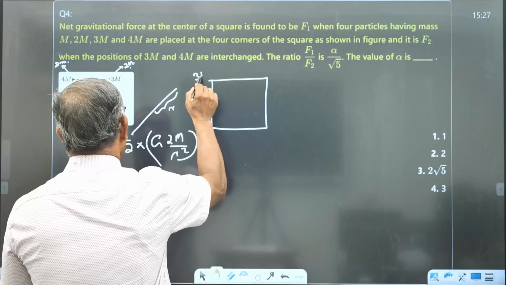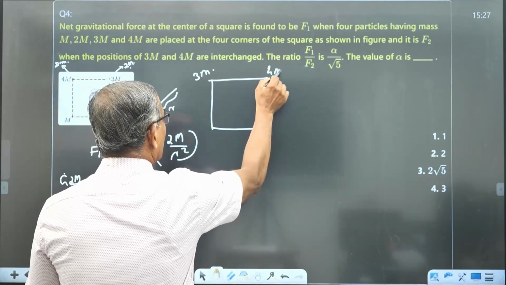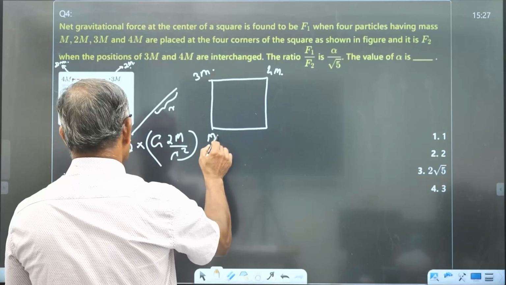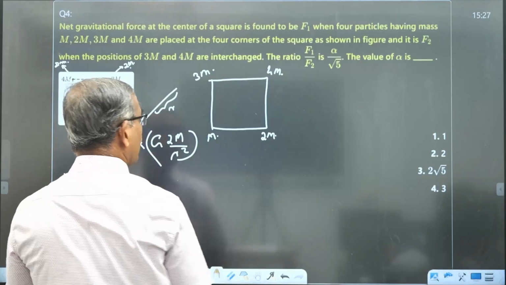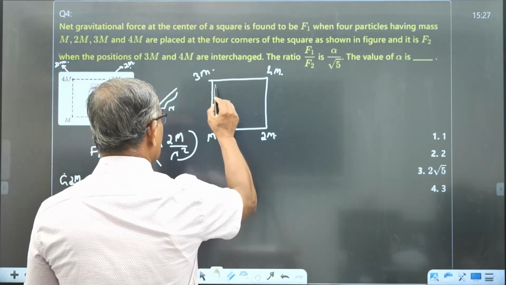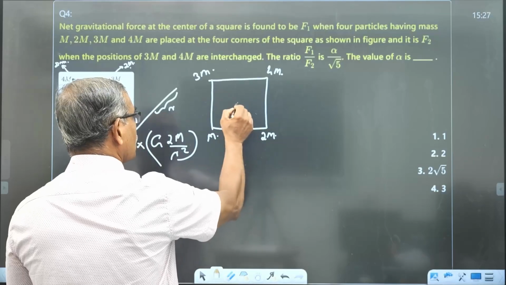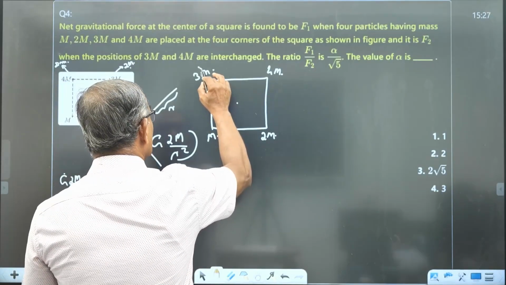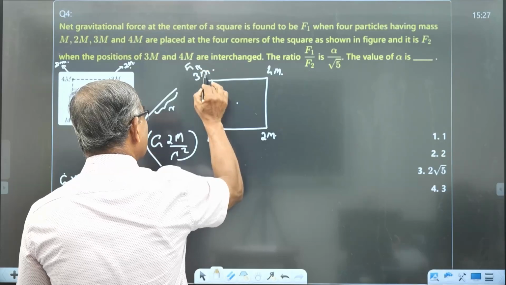Here is 3m and here is 4m. They are interchanged, whereas here is m and here is 2m. Now here you can say that due to 2m, the net force cancels, and additionally here it is due to 1m.